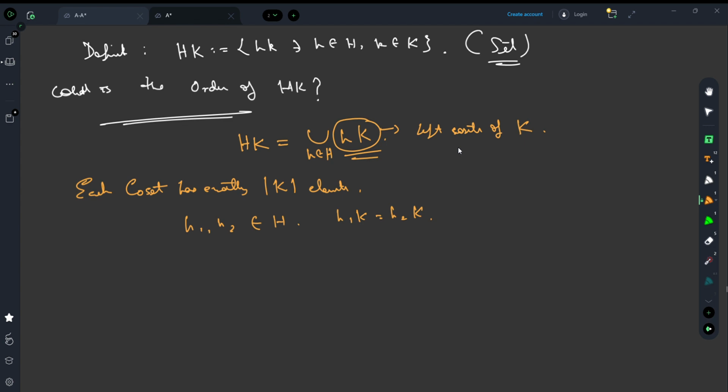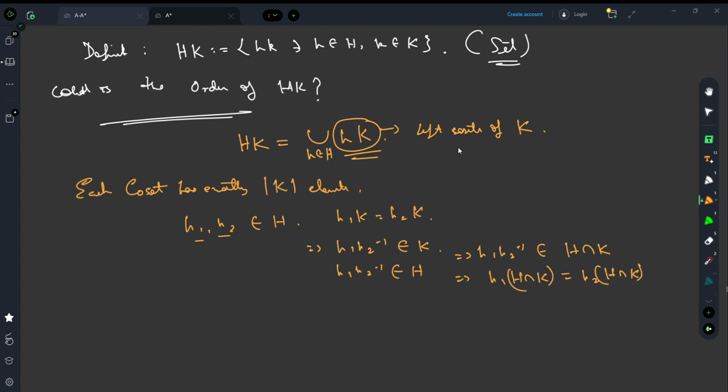So these are two cosets which are structurally the same, but this means h1 h2 inverse must be in K. Well, observe that since h1 and h2 are elements from H, by closure, h1 h2 inverse must also be an element of H. But this means h1 h2 inverse is an element of H intersection K. But that implies h1 (H intersection K) is the same as h2 (H intersection K), the cosets of H intersection K, right?